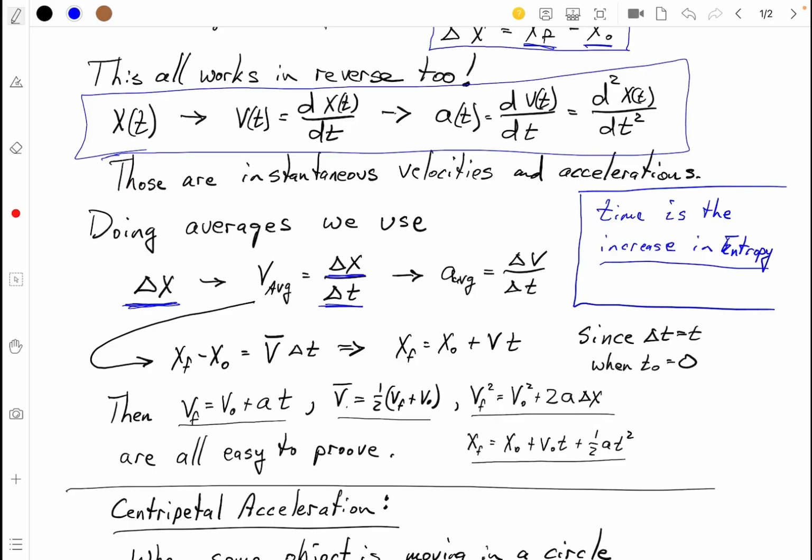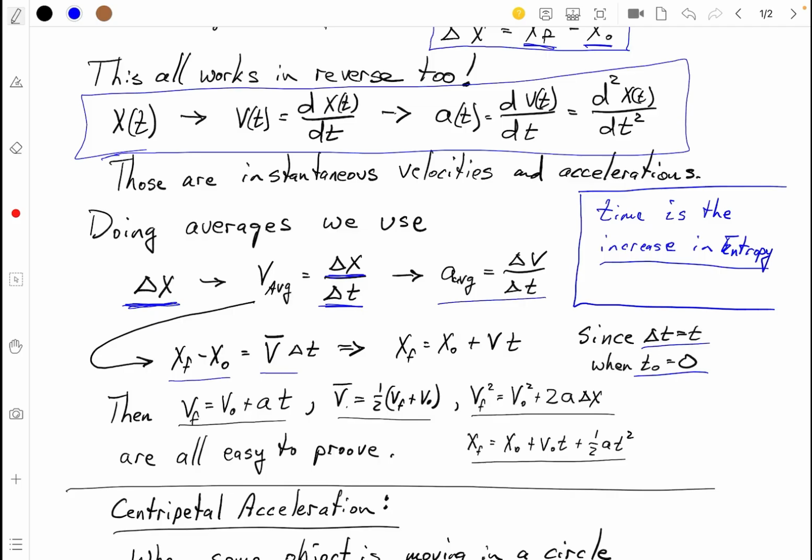So we've got our delta x over delta t. And a lot of the times t equals 0, so delta t really is equal to t, and that's nice. And our a average is equal to delta v over delta t. So we can start looking at these equations, and if we write out delta x, there's our v average, and there's delta t.